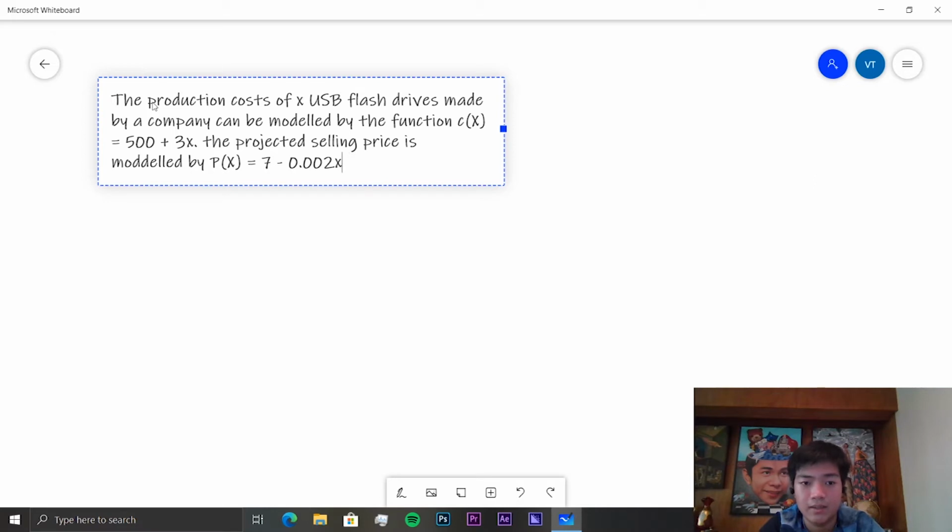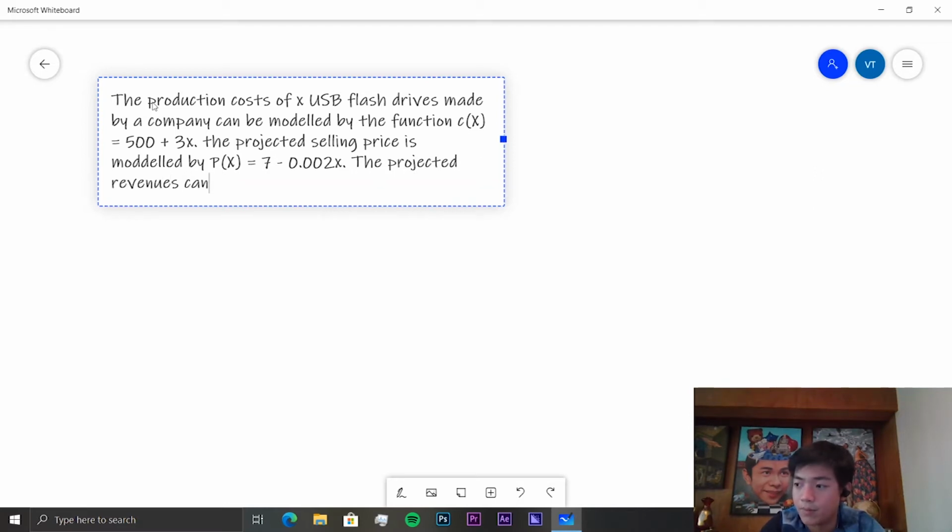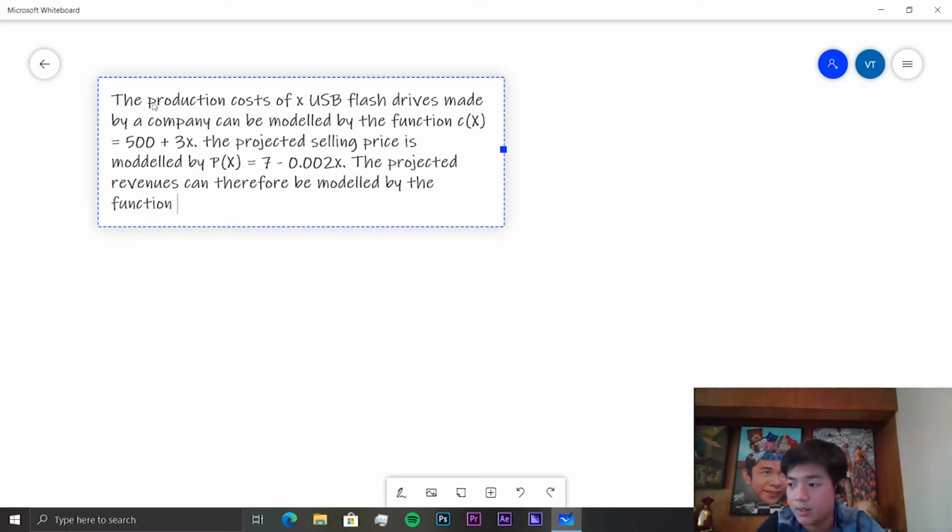The projected revenues can therefore be modeled by the function R of x is equal to x times 7 minus 0.002x, because it's selling price times quantity sold.